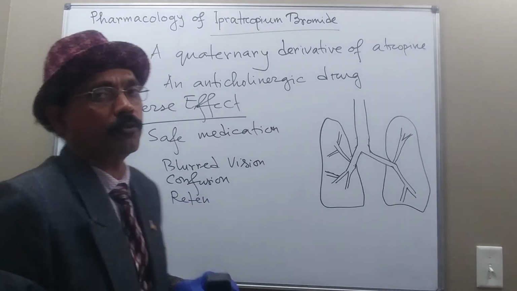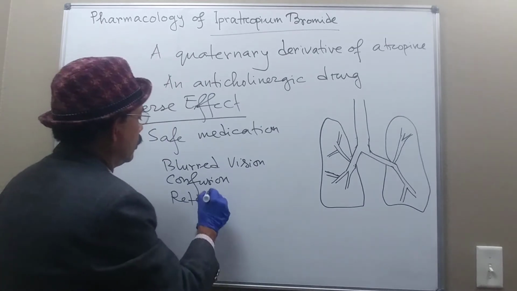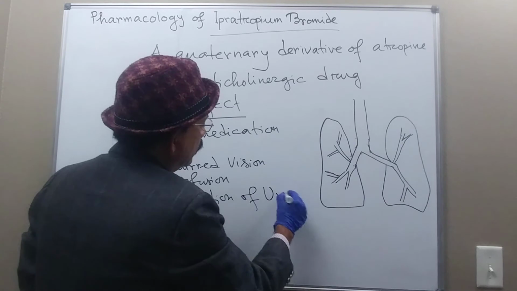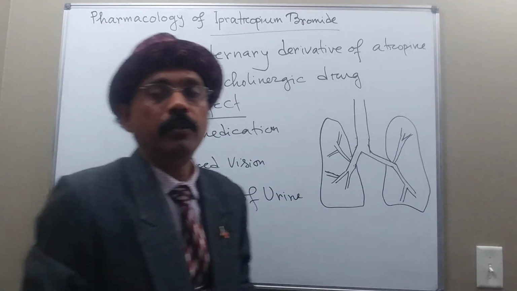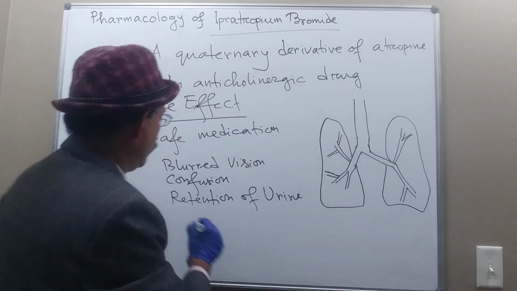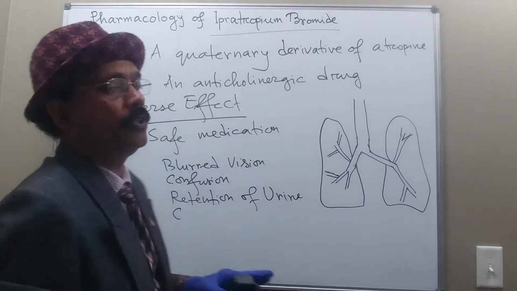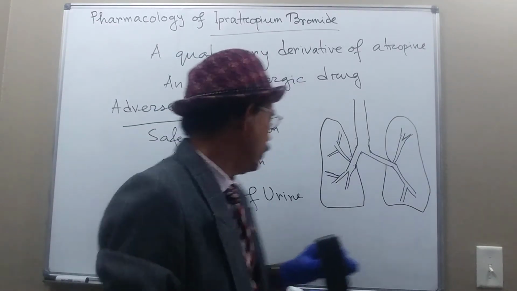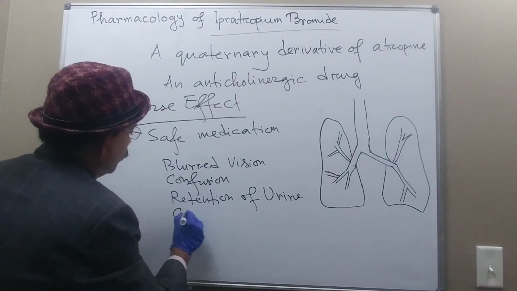So, a person with prostate gland enlargement should take precaution. It is an anticholinergic drug, so it may cause constipation. This all happens rarely. It is more or less a safe drug because it does not go to the circulation or the brain, but still it is possible on rare occasion. Constipation.